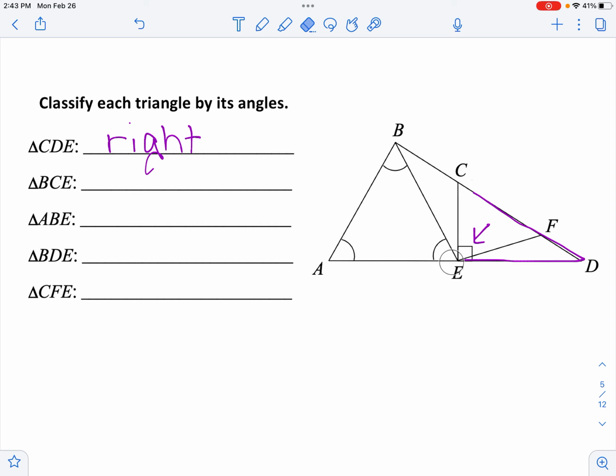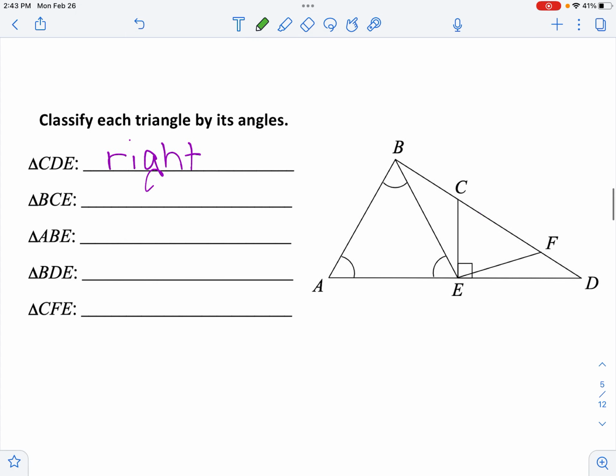Okay, B, C, E. B, C, E is this one right here. Angle C right here is definitely bigger than 90 degrees, so this would be obtuse. There's one obtuse angle.